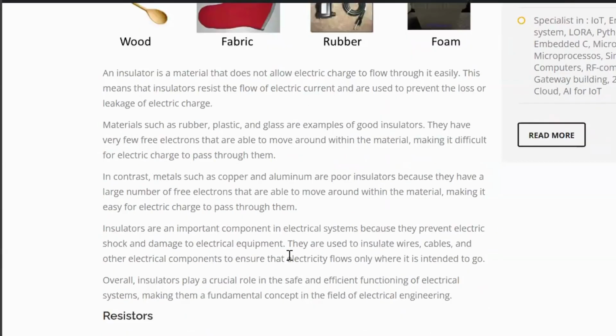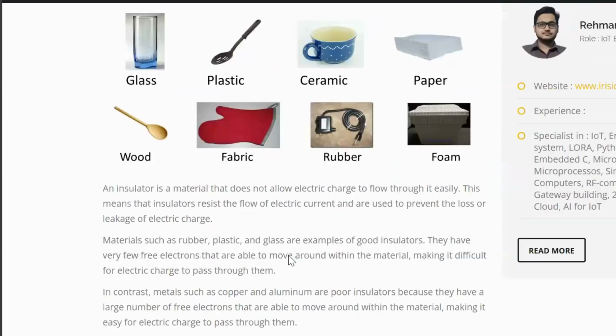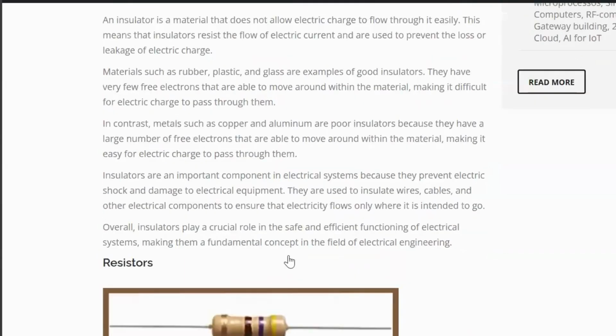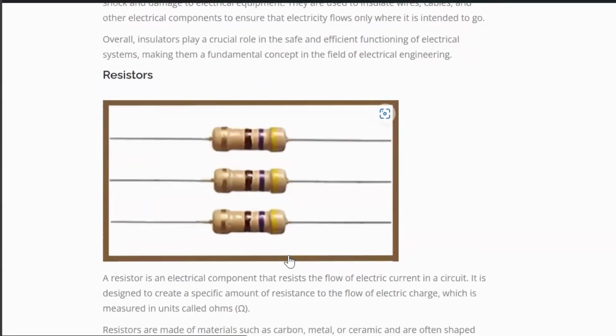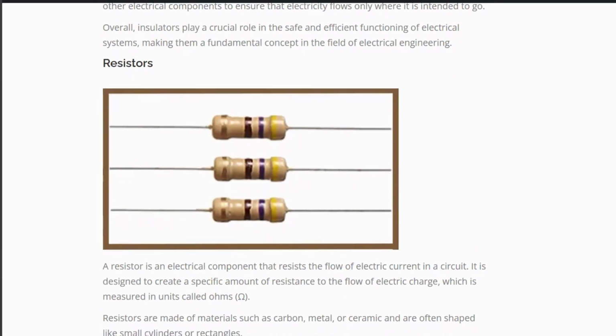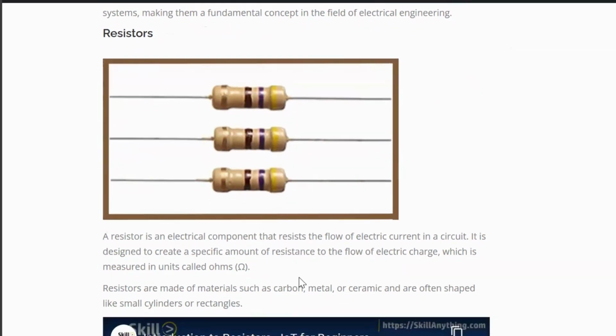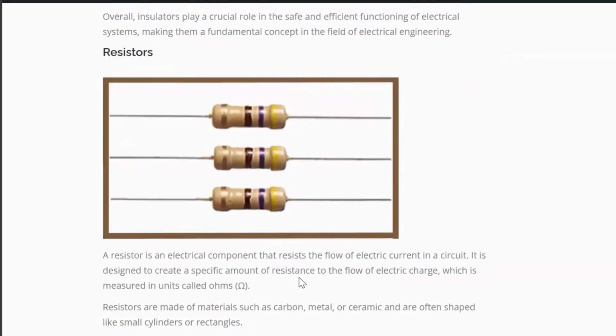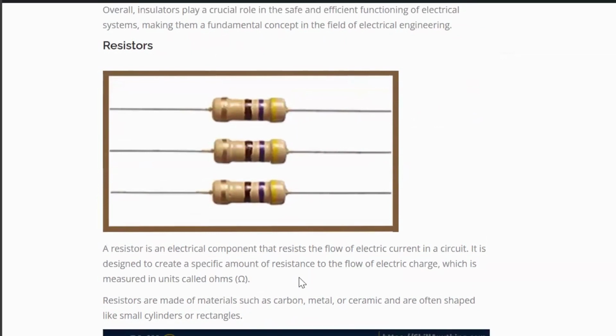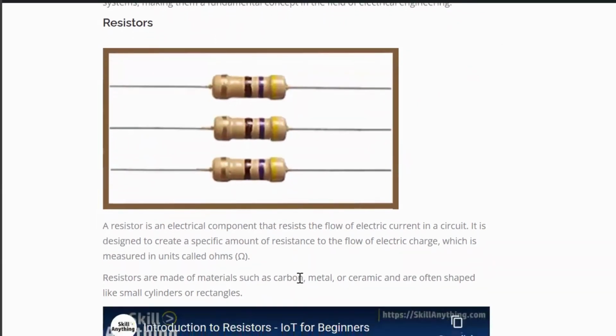Now, because we understood conductors and insulators, and we already know what resistors are, something that resists the electric current. There are different types of resistors, such as carbon resistors, wire resistors, metallic resistors, ceramic resistors, and so on.